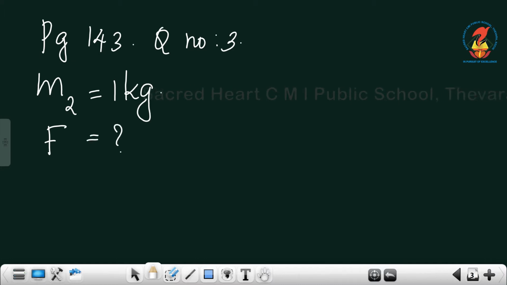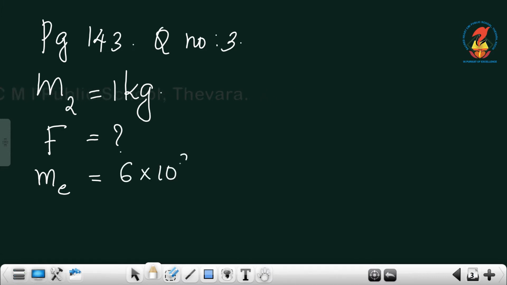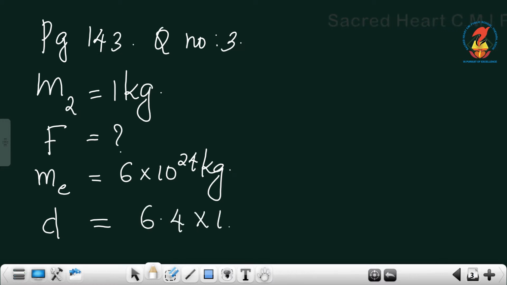The mass of earth is given in the question as 6 into 10 raised to 24 kilogram, and the distance between the earth and the object, that is the radius of the earth, is given as 6.4 into 10 raised to 6 meters. So much is given in the question. You need to calculate the gravitational force.